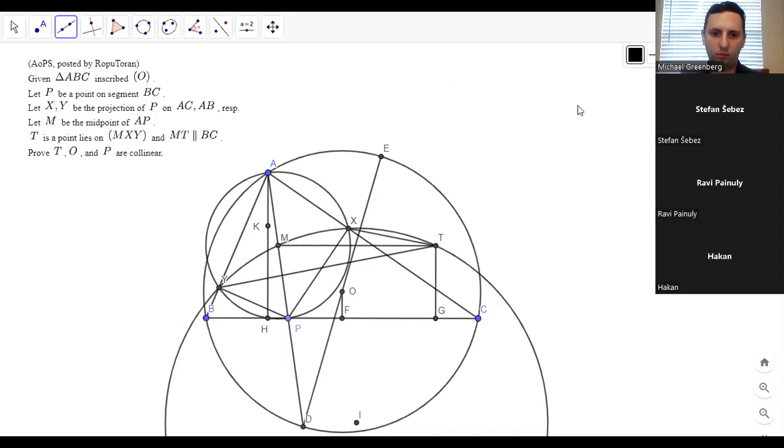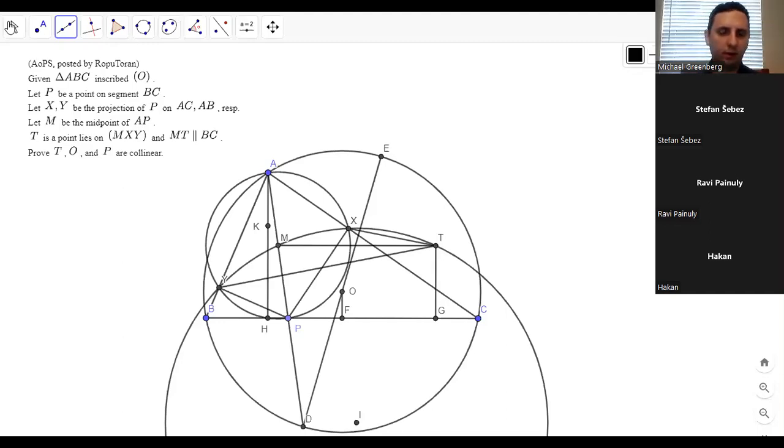Okay. Let's see. So from T to P, we have TO intersect BC. All right.